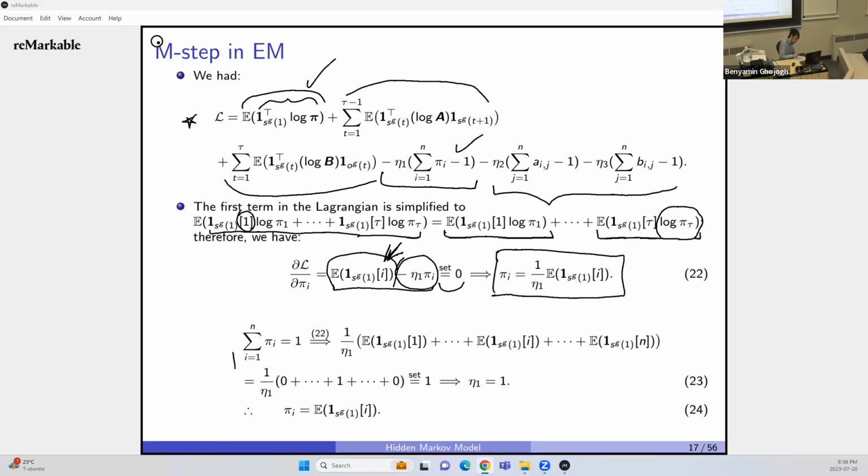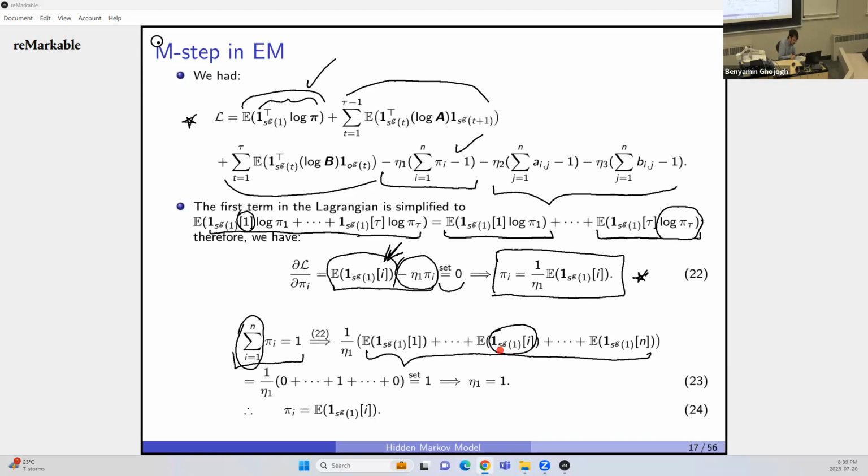Now I know that the summation of pi I should be 1. According to this equation that I just found, I put it in the constraint that I had. So I will have this, right? This is a summation, and I know that only one of the elements is nonzero, because do you remember the definition of 1 SG1?